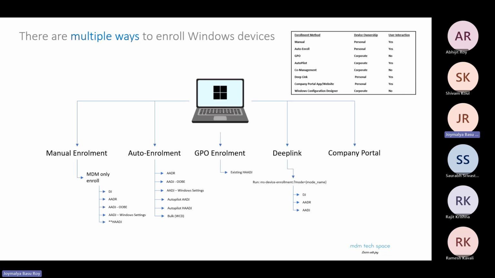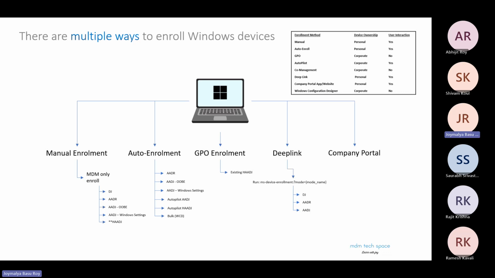For auto enrollment with an Azure AD registered BYOD device, it comes up as a personal device, and user interaction is required. But if we are doing auto enrollment with Azure AD join, the ownership will come up as corporate. Group policy enrollment comes up as corporate, and user interaction is not required because the user does not need to actually sign in.